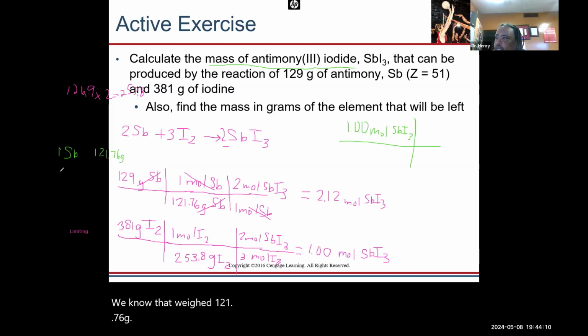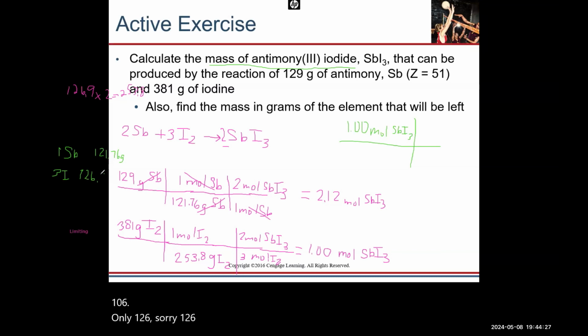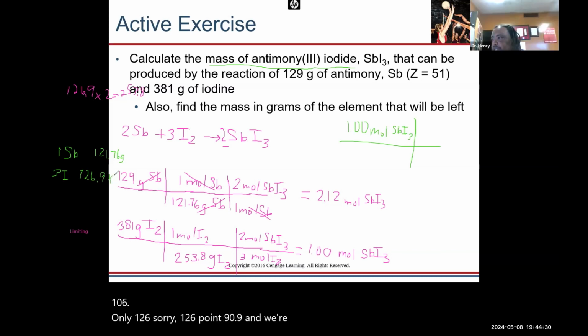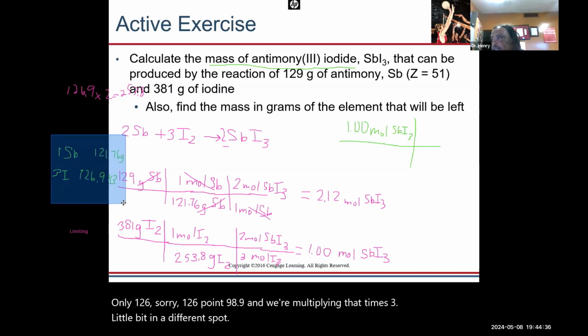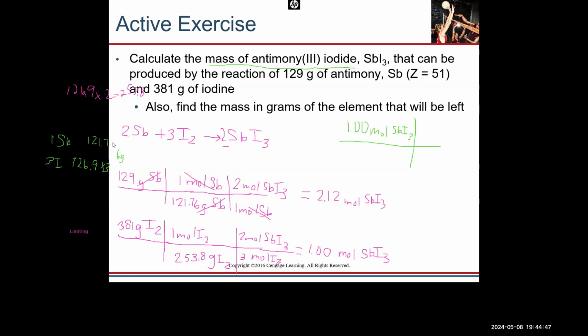And then we had 3 iodine, and that weighs 126, sorry, 126.9, and we're multiplying that times 3. So that should be 380.70. Okay.